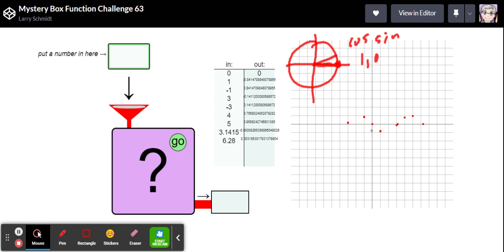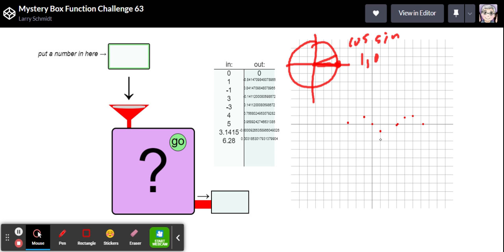But something is strange about this because it starts at 0 and it ends at 0, just like sine does, but it goes down to begin with instead of going up, and sine goes up. So the sine of pi over 2 is going to be 1, but here we've got something really close to -1 at that close to pi over 2.